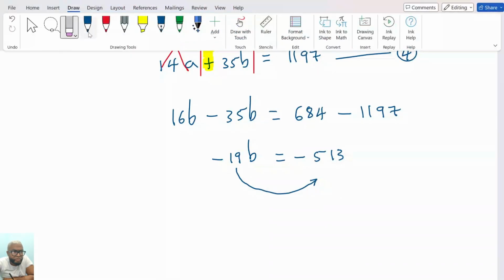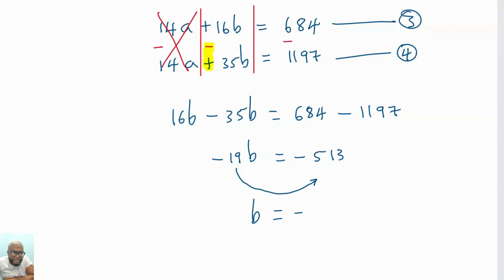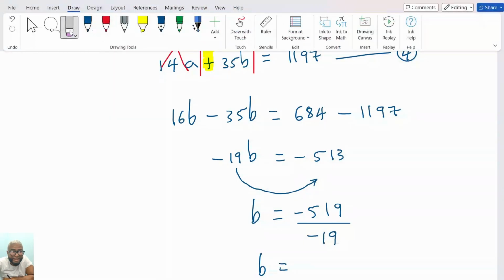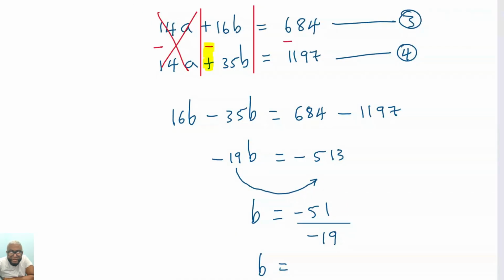So B would be equal to negative 513 over negative 19. And what do you get when you divide this? Yeah, 513. Very good.